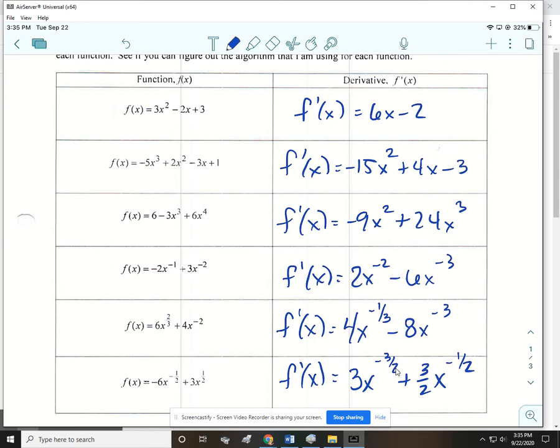So if you haven't figured it out yet, just pause it. You can pause it, write it all down, and see if you can figure it out.